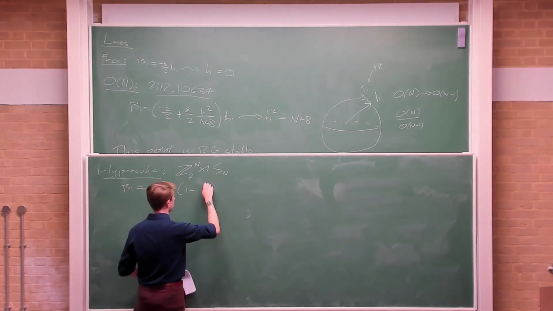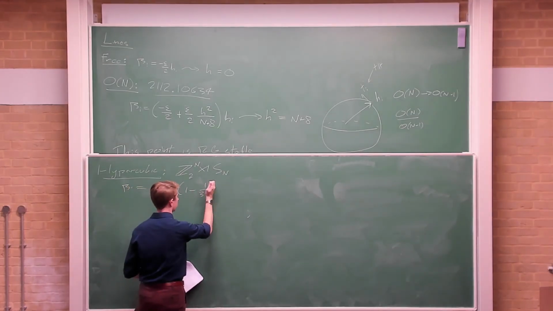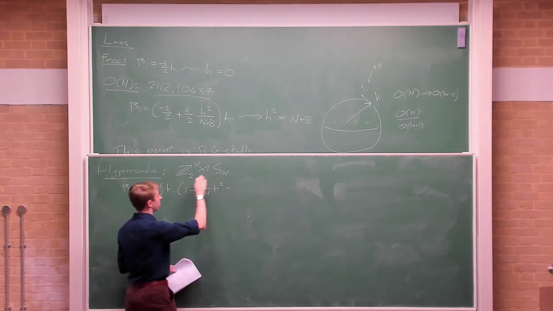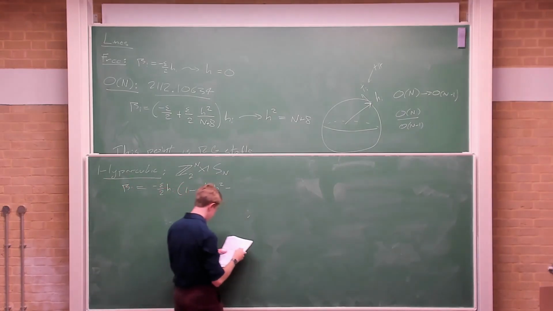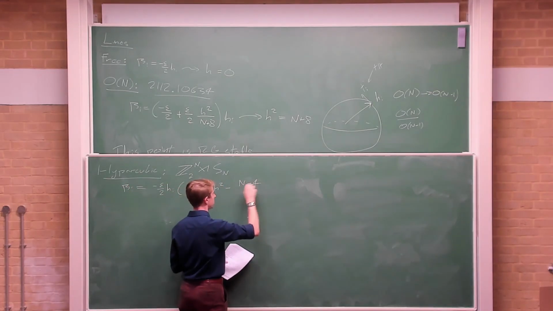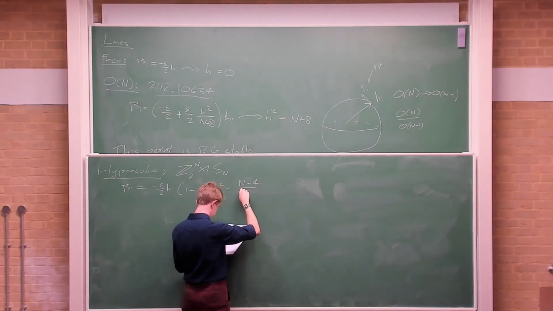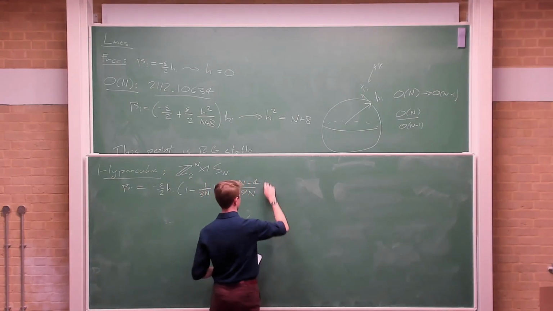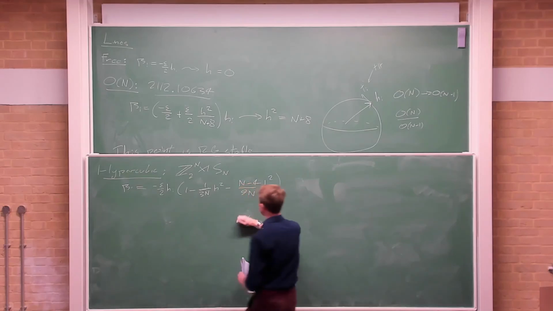There's also a term that goes like h squared, but now, because you have this symmetry under permutations of these indices, but not the full ON symmetry, we can have a term that looks like just h_i squared.